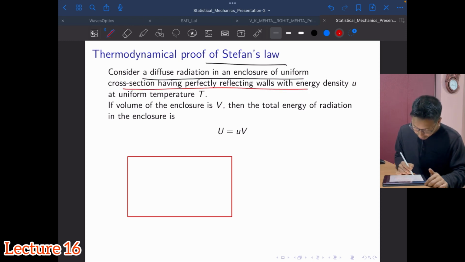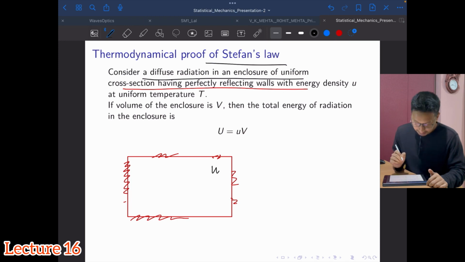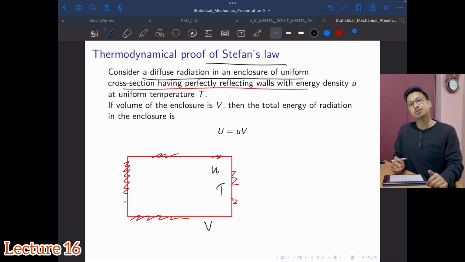Assume that all these walls are perfectly reflecting, and this enclosure has energy density U, maintained at temperature T, and let's say the volume of this enclosure is V.